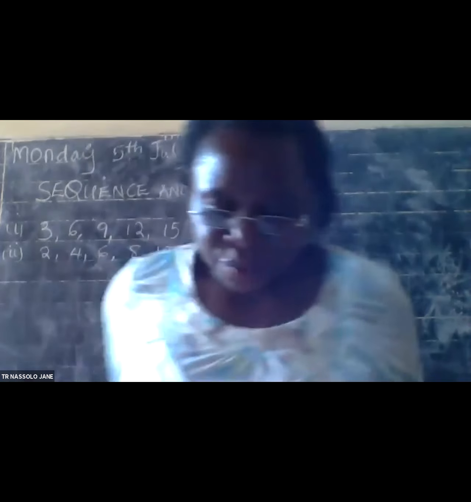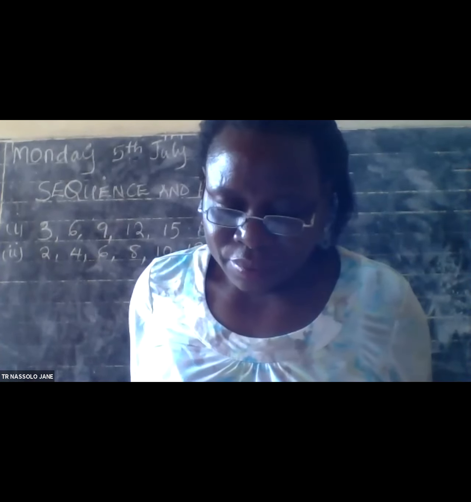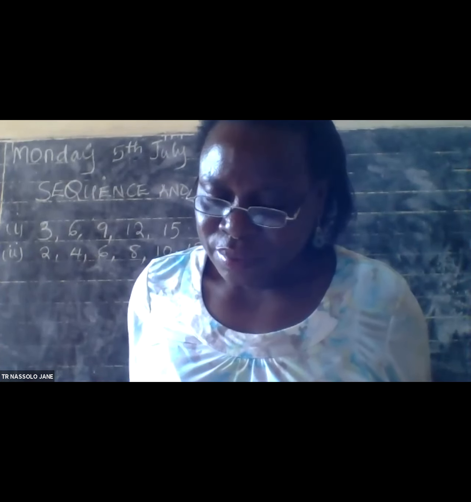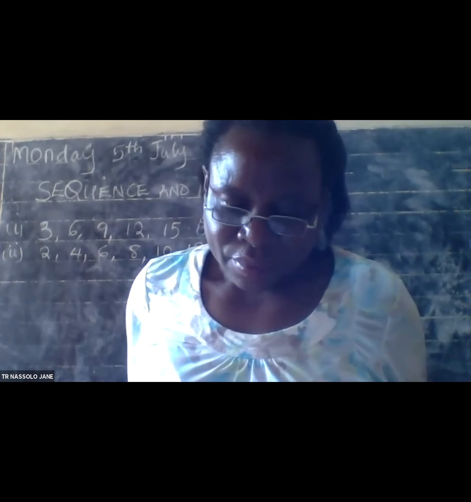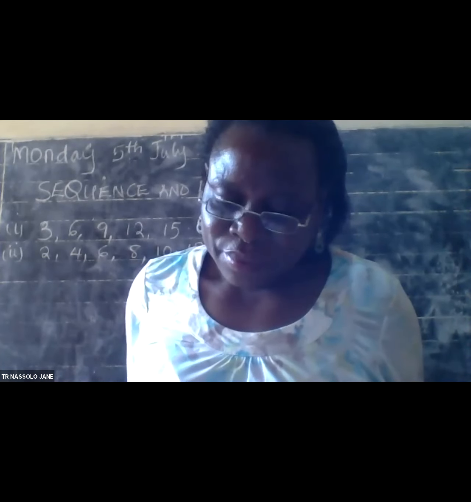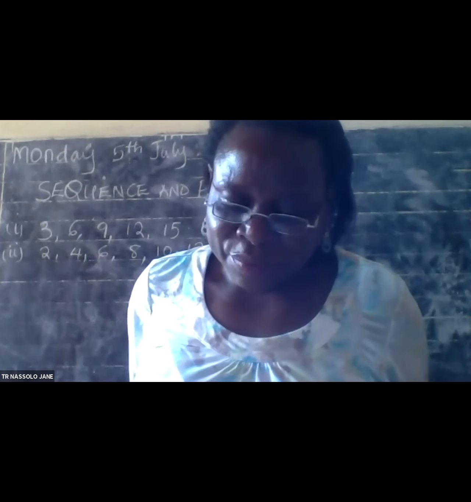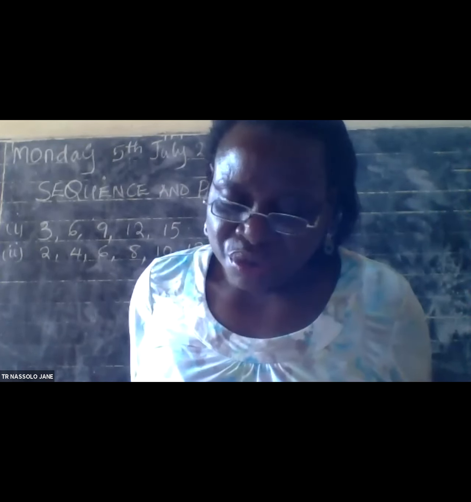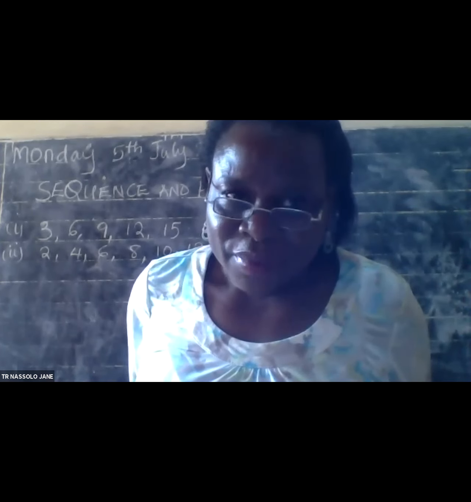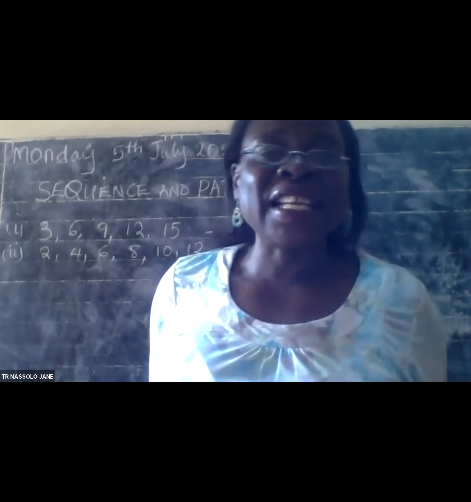Can you continue? In Roman 1, in order to get the next number, you add 2 to the previous number. The numbers in this sequence are multiples of 3. Sequence Roman 2 represents... Before you leave Roman 1, is what they have told us true? Is it true that we added 2 to the previous number to get the next one?